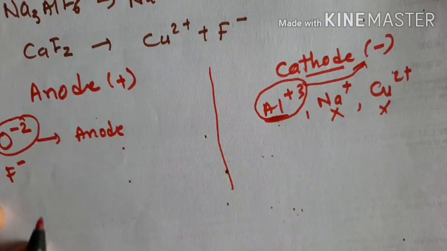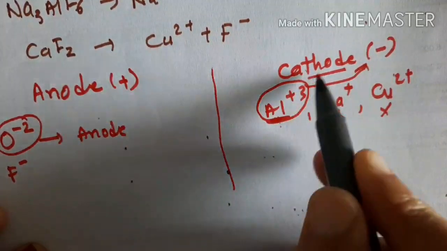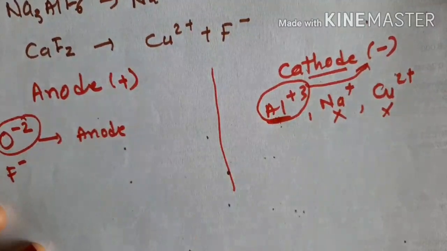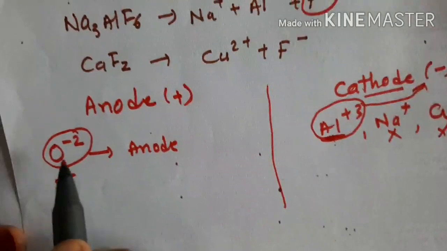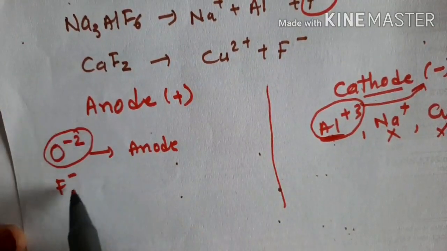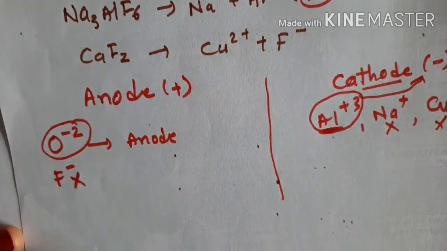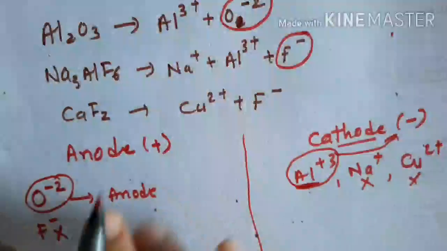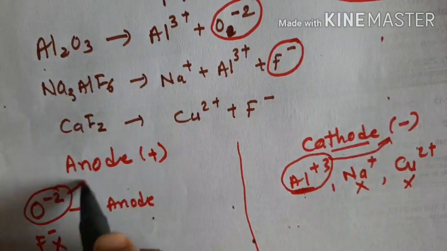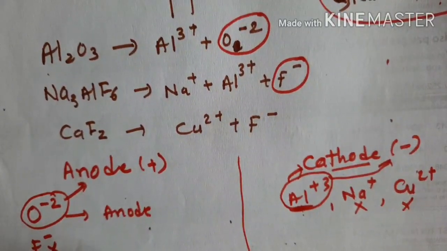But right now I am telling you, out of these metals, aluminium will be liberated on the cathode because the reactivity of aluminium is more. And here out of oxygen and fluorine, oxygen is able to be liberated on the anode, not fluorine. So according to this, oxygen is coming on the anode and aluminium is coming on the cathode.